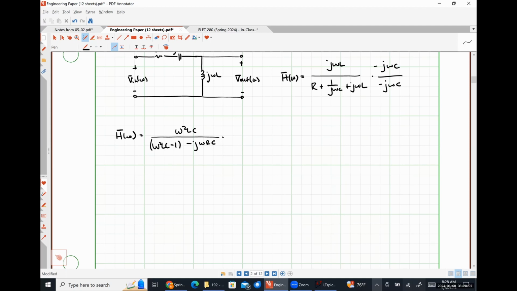And much like we did in the previous example, I'm just going to multiply this by the complex conjugate of the denominator over the complex conjugate of the denominator.